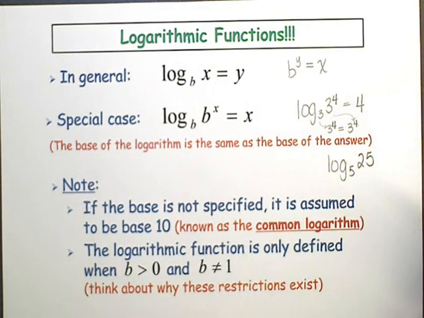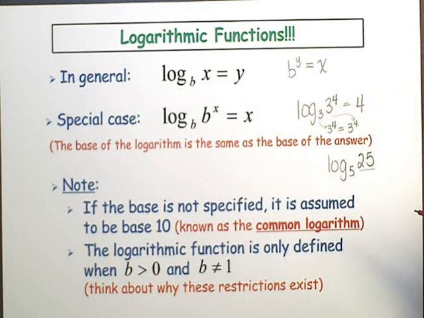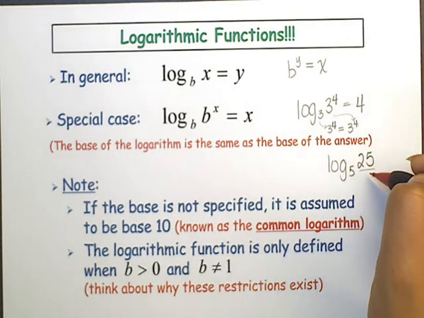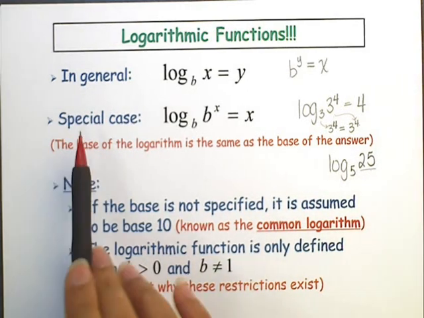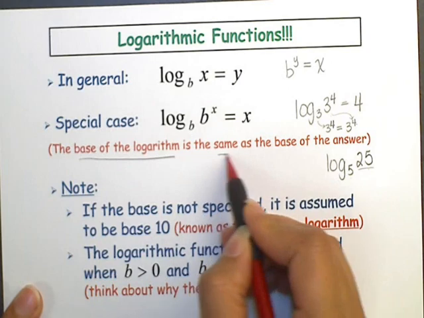And so ideally what you want to do is write the answer part as the same base as the base of the logarithm. So I would rewrite 25 with a base of 5 instead of a base of 25. Okay, we'll talk about that in a few minutes. Okay, so in the special case, the base of the logarithm is the same as the base of the answer.